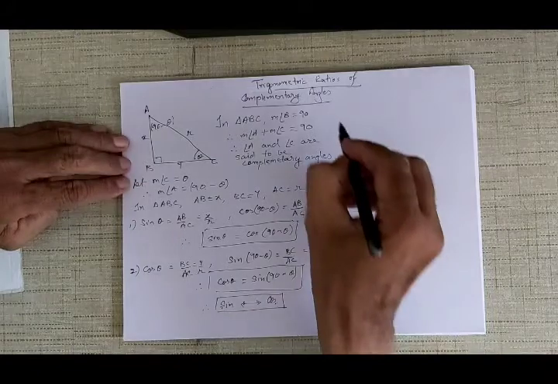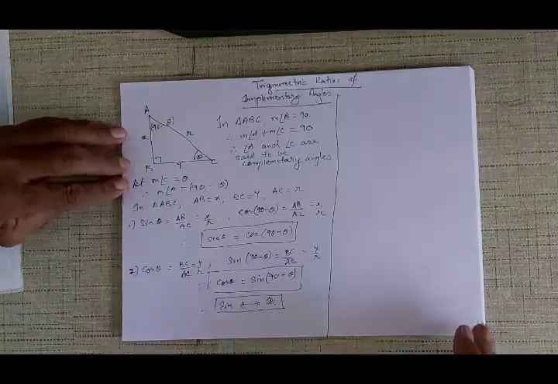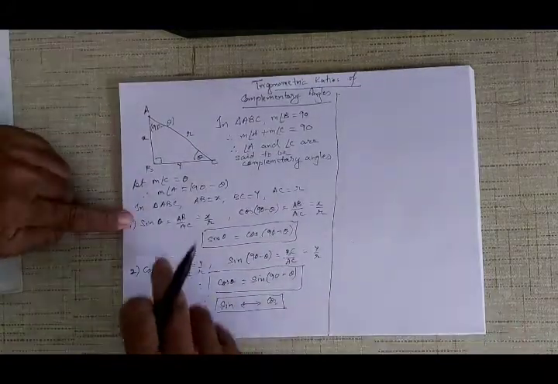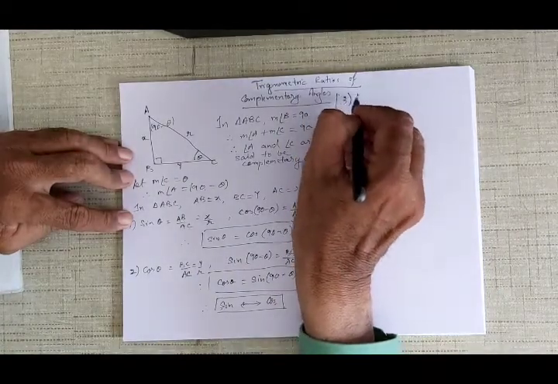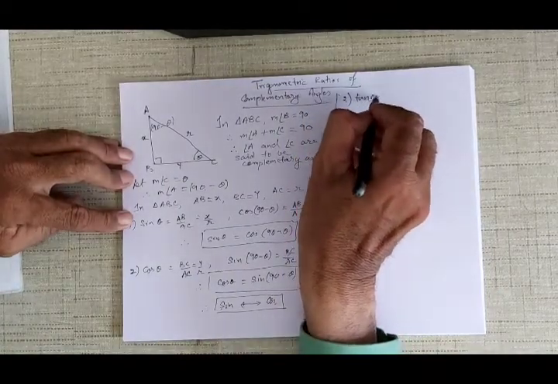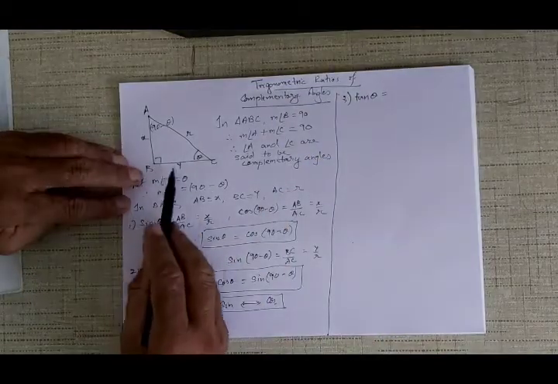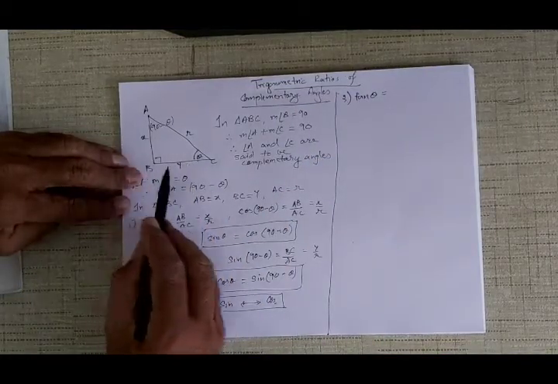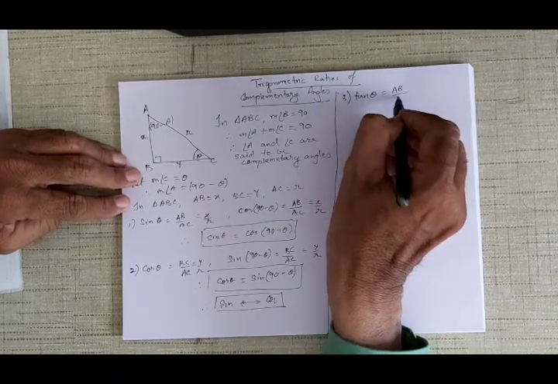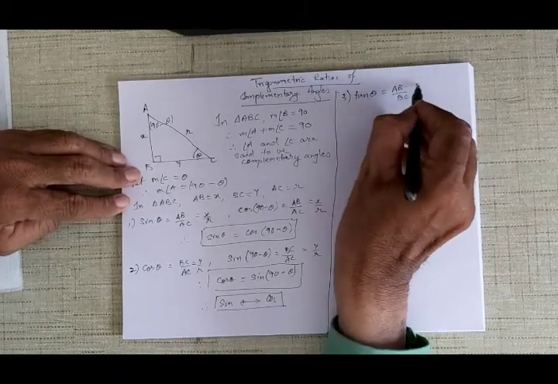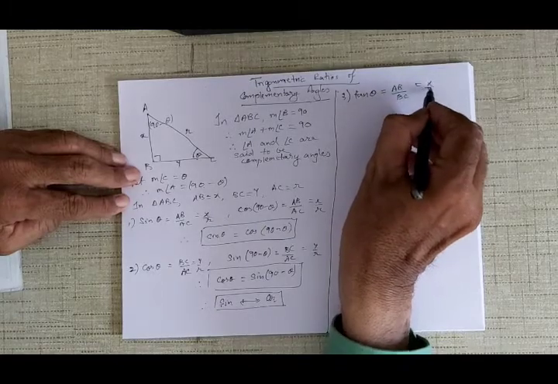Alright, now in the same way, I have taken sin and cos. Now let us take another one, tan theta. Suppose I take tan theta. Now tan theta, here this is your theta, is opposite upon adjacent, AB upon BC, that is x upon y.